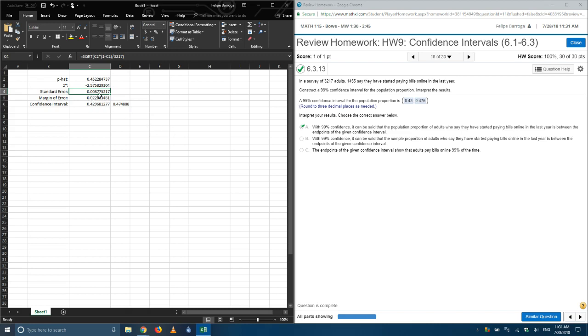Once you have those values, the margin of error is the positive value of the z-score times the standard error. If you don't want to type all this in, you can use the absolute value function to get the positive value. And once you have all those values, you just add and subtract your margin of error from your p hat to get your confidence interval.